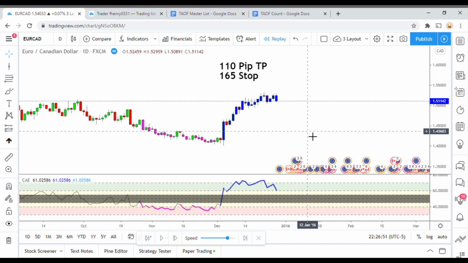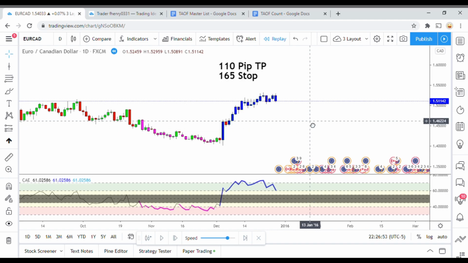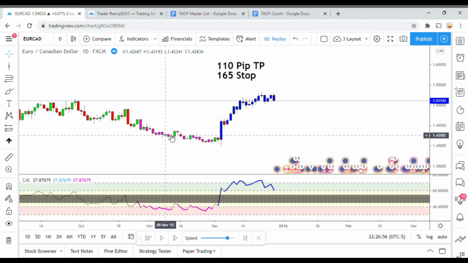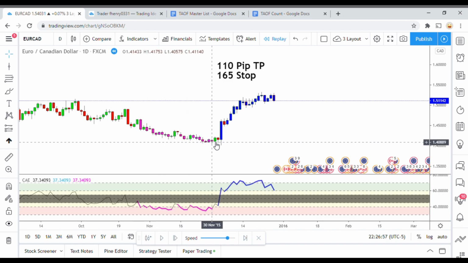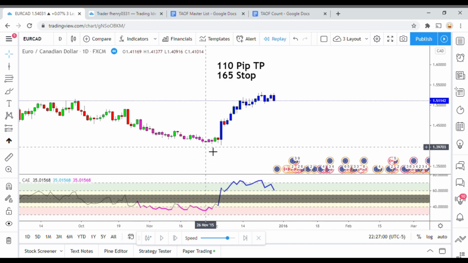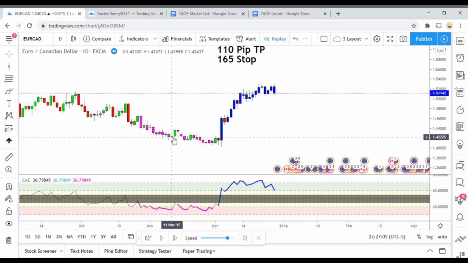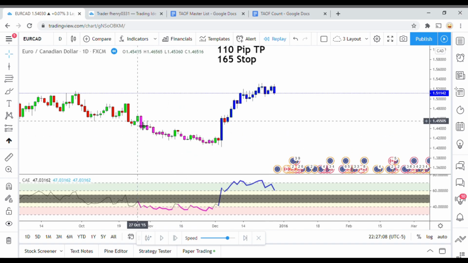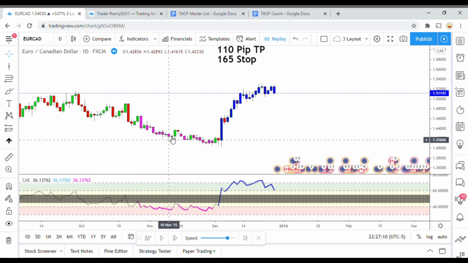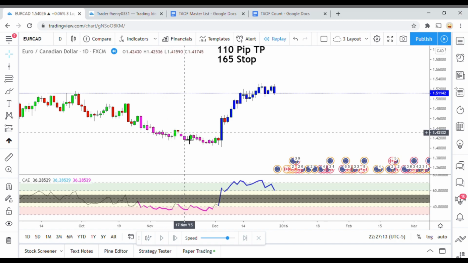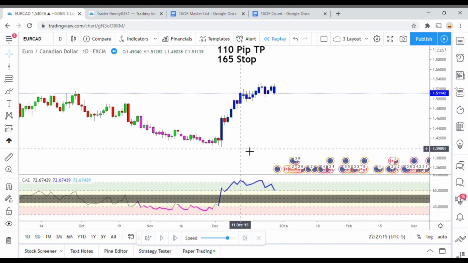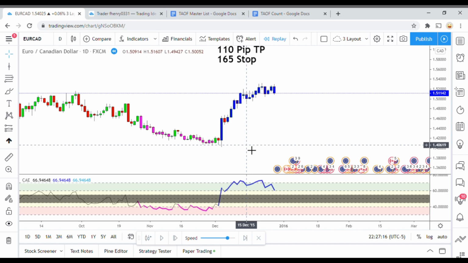Of course, traditionally speaking, that's not how we would technically trade. We would ride this out until our exit indicator told us to exit, but depending on what exit indicator you would be using, you may very well have only ridden this out to this point, then exit, and then waited for a confirmation for re-entry.